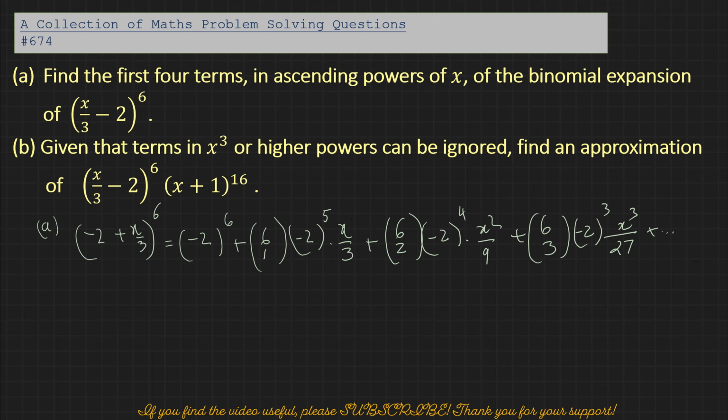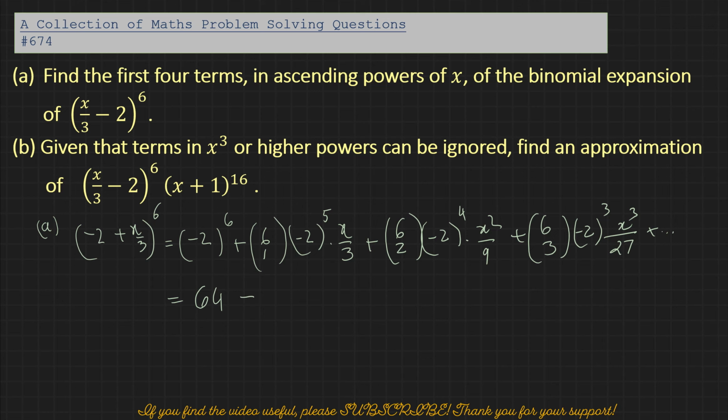So that's four terms, isn't it? First, second, third, and fourth. So yes, we've got four terms, and I have to simplify them. That would be 64. Sorry, I got confused.